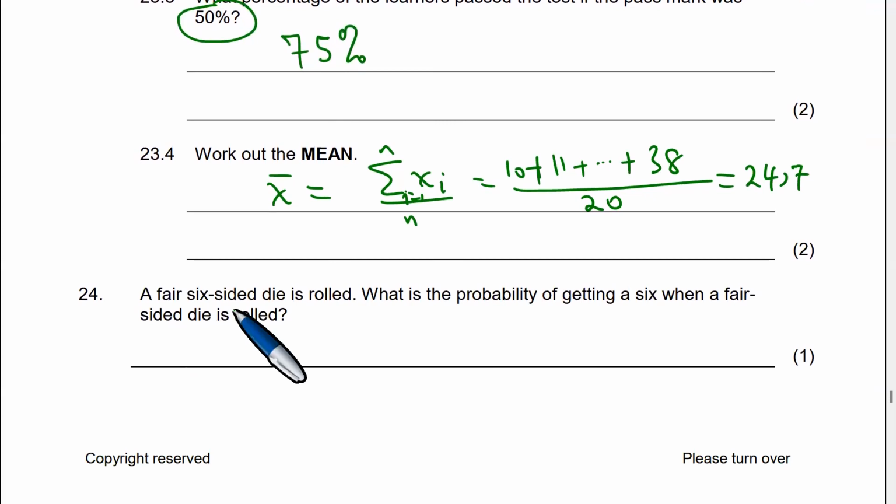A fair six-sided die is rolled. What is the probability of getting a 6 when a fair six-sided die is rolled? Your answer?